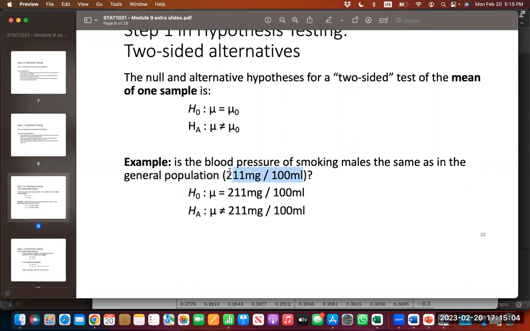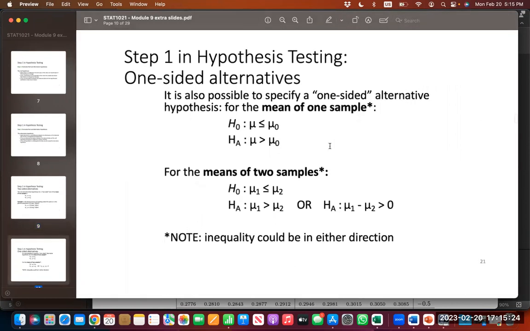You assume total cholesterol somewhere in the realm of 200 milligrams per deciliter to be normal. Everything exceeding that is considered slightly hypercholesterolemic, so higher cholesterol. So we're comparing now the total cholesterol of smoking males to the population.